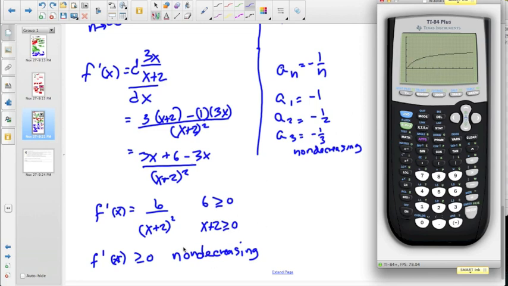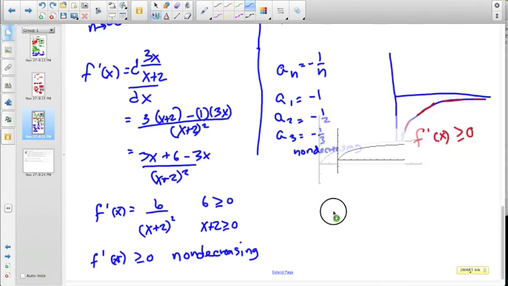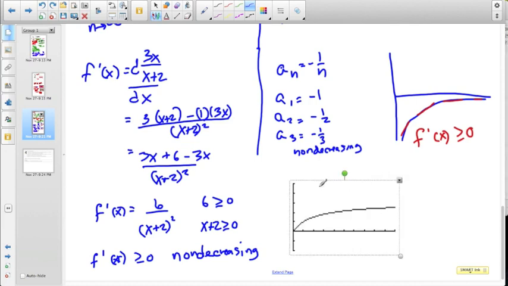In other words, it's non-decreasing. So if we look at the derivative there, we always have a positive derivative along the values of the sequence. And we look at the fact that there's that upper bound of 3 that the value of that function is trending towards.